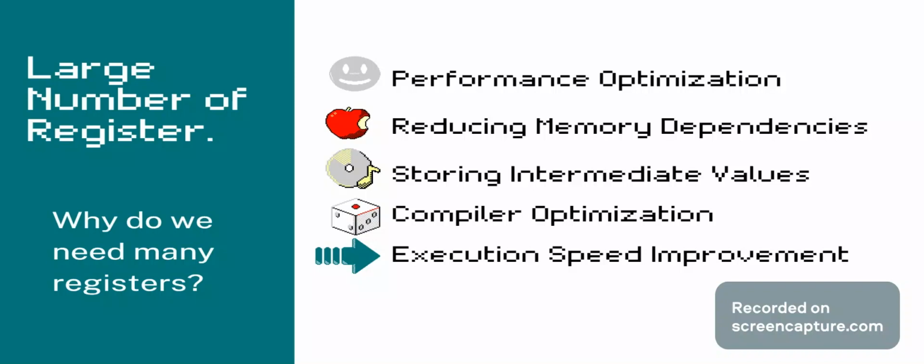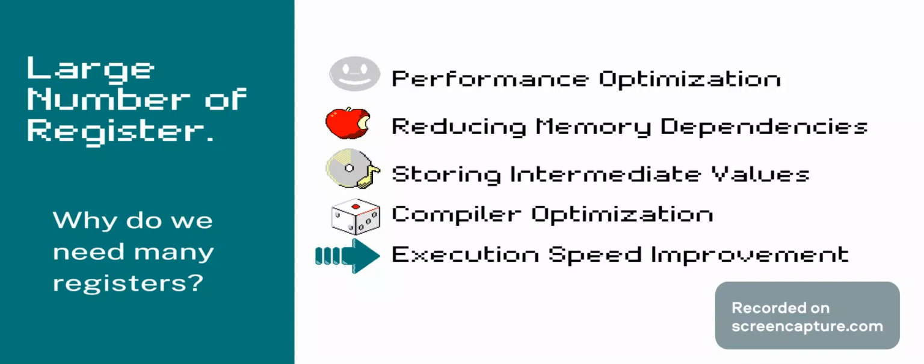The third one is storing intermediate values. Registers can be used to store intermediate values during the execution of a function or code block. This reduces dependence on memory and enhances instruction execution efficiency.